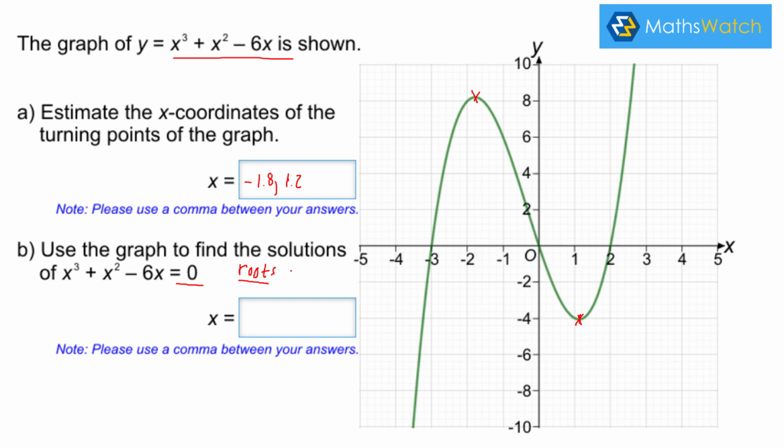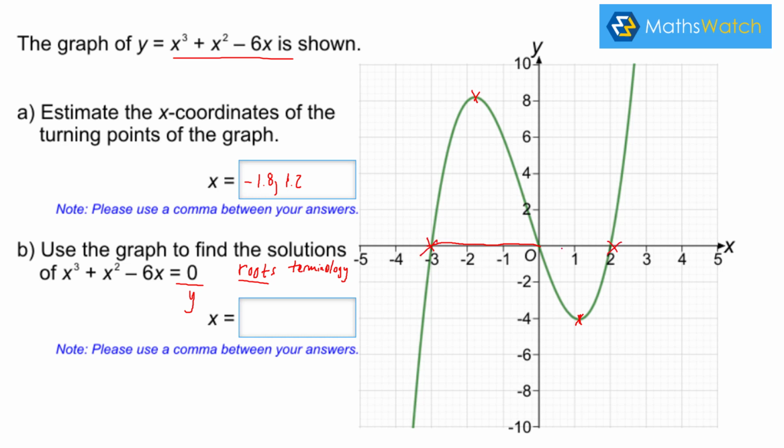Use the graph to find the solution. Well, I did say, if you remember, the solutions are the roots. That's extra information, so you've got to remember the terminology, because if you do not know what it's asking for, then you can't answer the question. So that means, can you see that 0 is where y is?